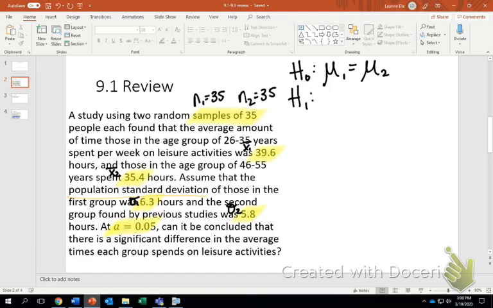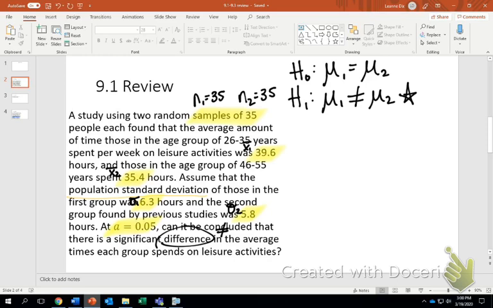Remember, the hypotheses are what we're trying to prove. Can it be concluded that there is a significant difference in the average times each group spends on leisure activities? And it doesn't specify greater than or less than. So because it doesn't specify, I'm going to go ahead and use the does not equal to. So just remember that when you see the word difference, typically that's going to be the does not equal to symbol. And since this is what I'm trying to prove, this becomes my claim. So I'm going to go ahead and just star that.